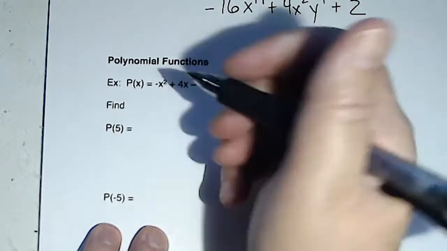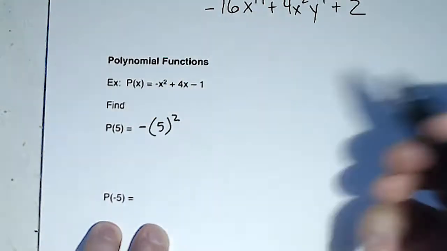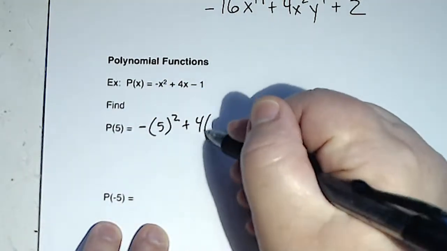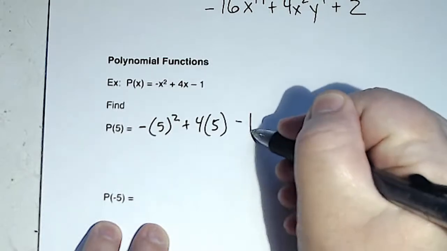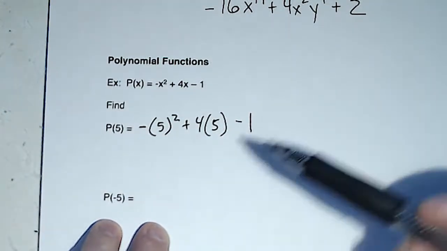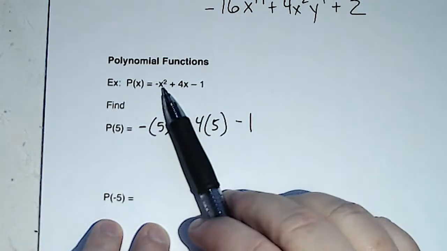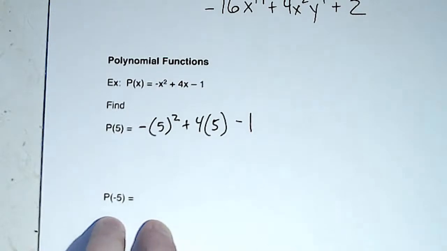I would put in a 5. So I've got the opposite of 5, the quantity squared, plus 4 times 5 minus 1. And if you haven't seen me do functions, I almost always put in parentheses wherever I've got an x because I find that a lot easier to work with.